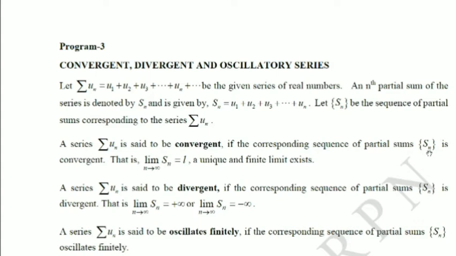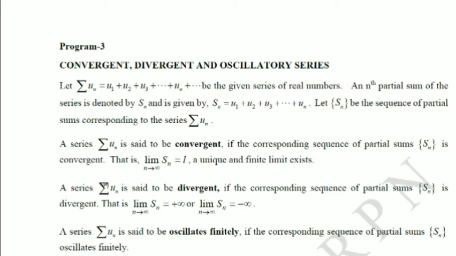If this sequence is convergent, then the corresponding series is convergent. So whenever they ask you to verify or to test the behavior of a series, you have to see the behavior of the corresponding partial sum sequence. If the corresponding partial sum sequence is convergent, then the given series is also convergent.